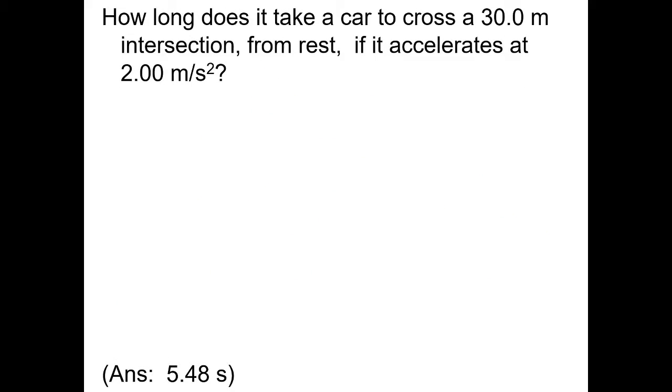Now let's take another one. Take a look at a different one here. Again, we'll draw our picture. We have a car. Don't need anything fancy. And let's see what we know.